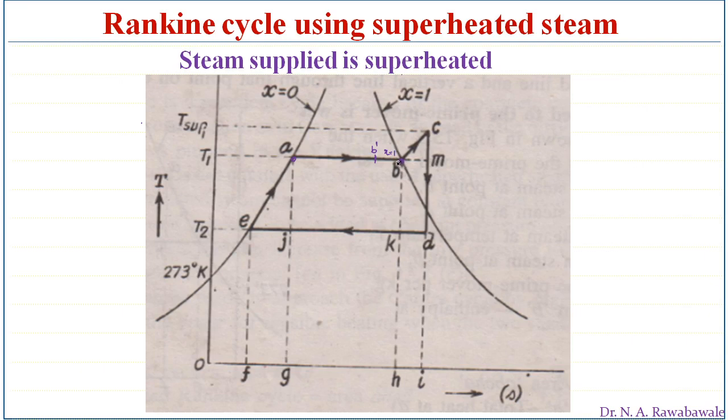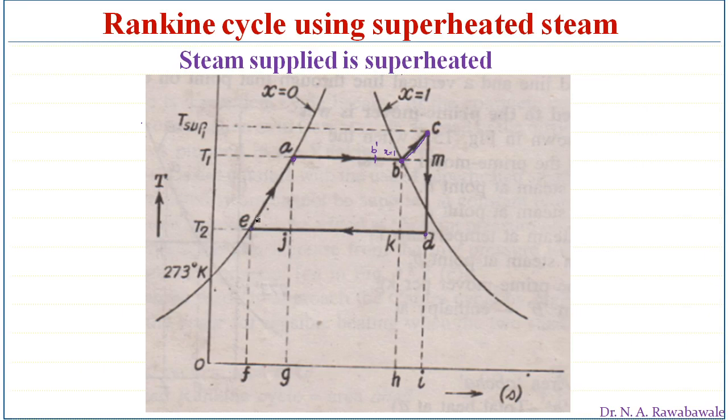But today we will discuss if steam is further heated into a superheated region up to point C. Now steam is superheated and then it is expanded from point C to D. And then from D onwards the condensation process starts up to point E. So this was the condensation process in previous cases also.